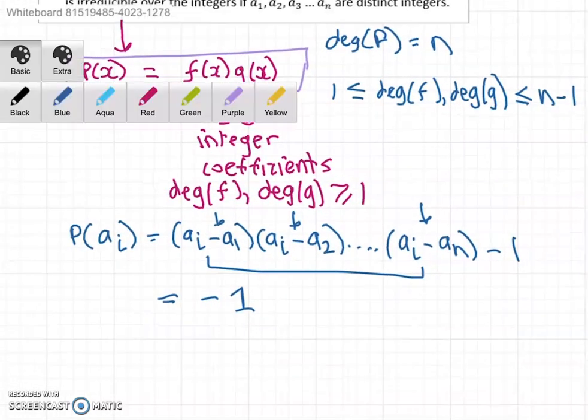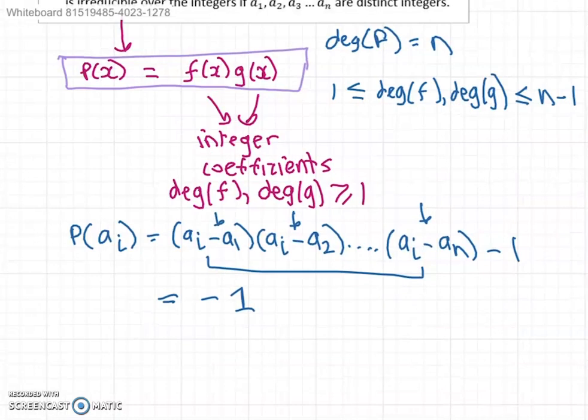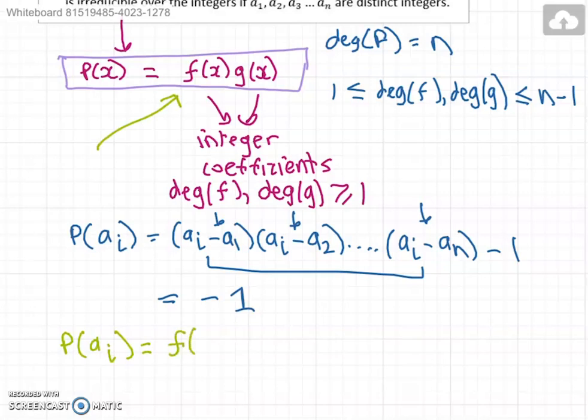This means for all values of i, p of ai, which we can also write as f of ai times g of ai, equals minus 1.